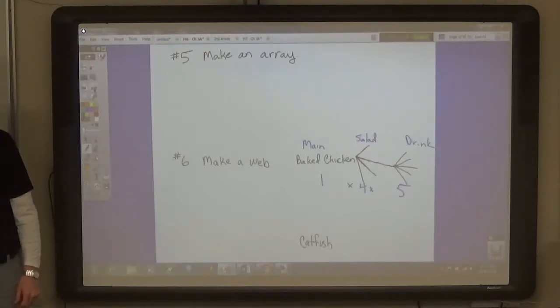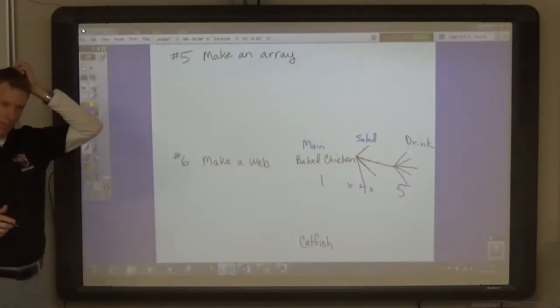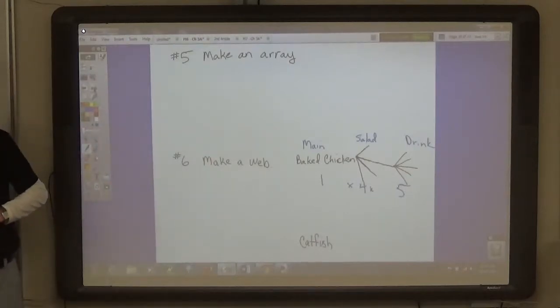Now, we couldn't make an array to make pairs. It's not going to be that simple. Number 6 says, how many different combinations of main dishes, salad, and drinks could you make? So skipping the dessert, yep.